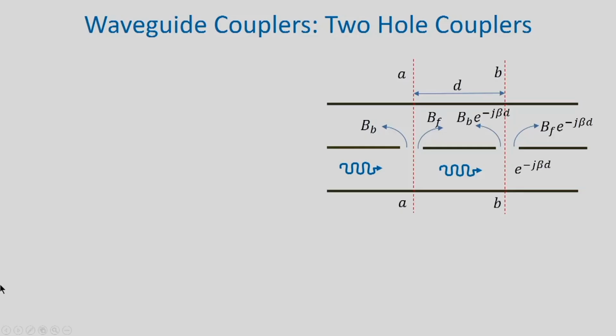For illustration purposes, we will consider here a two-hole coupler. So, in a two-hole coupler, as we can see, we have two waveguides stacked one over the other, and therefore, we have a common broad wall for both waveguides, and we have holes made on this common wall.